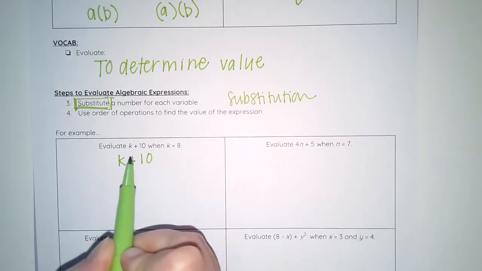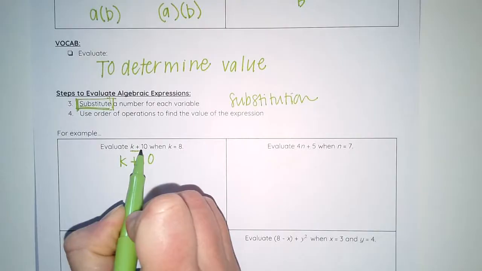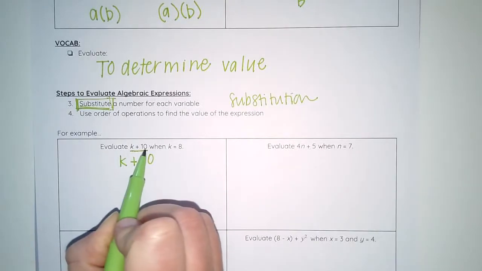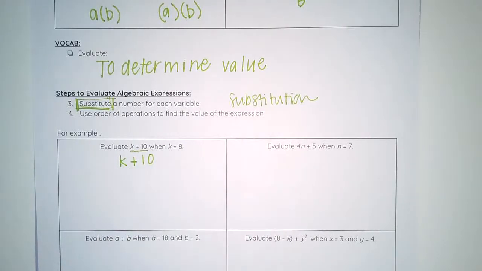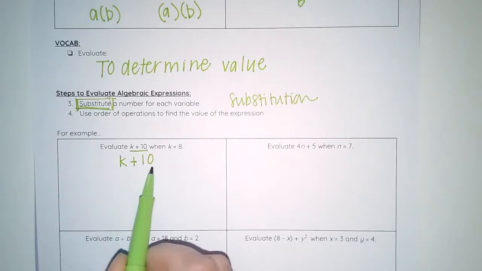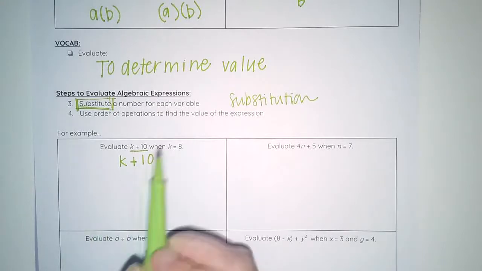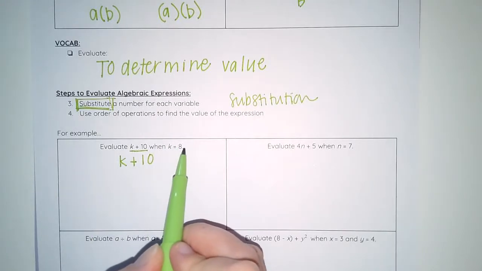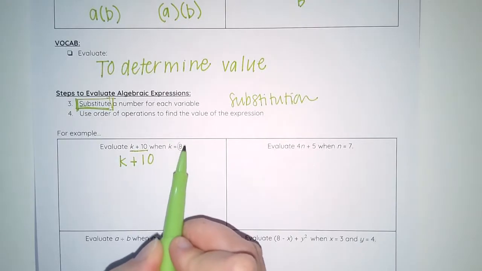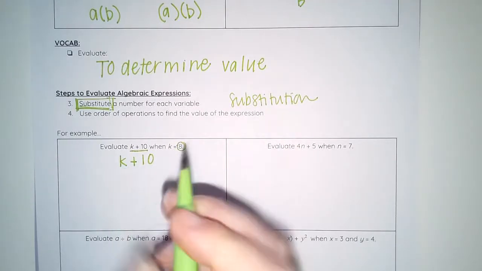Okay, so our expression here is k plus 10. It says evaluate k plus 10 when k equals 8. Now we already know that 8 plus 10 is 18, but we are showing our work again for an easy problem. So we rewrite our expression, k plus 10. Now I take my k equals 8 and I substitute that 8 in for k.